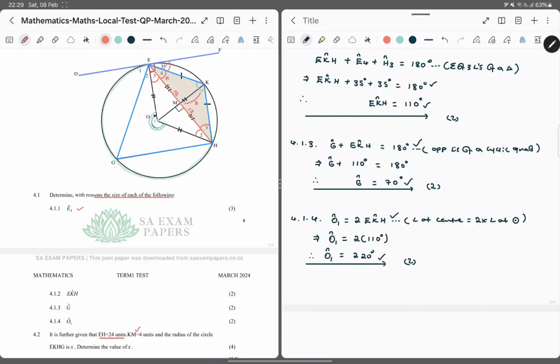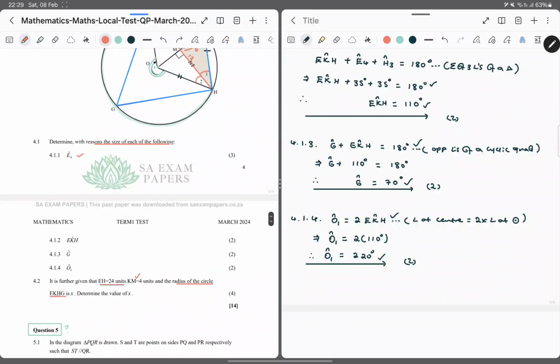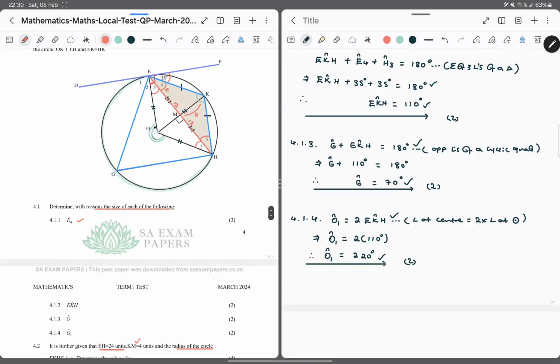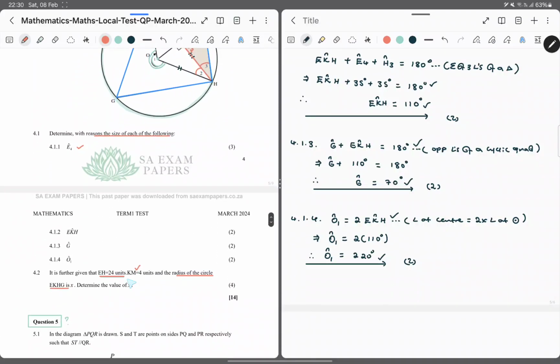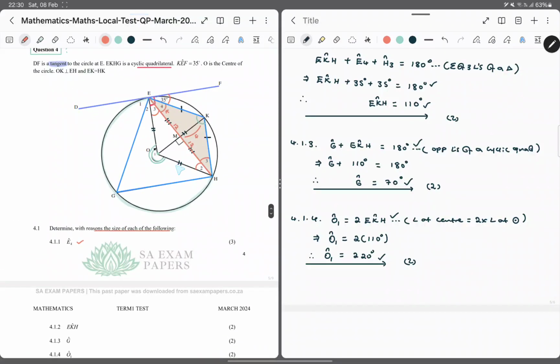Okay, good. Now it says, and the radius of the circle EKHG, so this is the cyclic quad. Its radius is x, okay? And we need to find the value of x, okay? Good. So this means this is x.